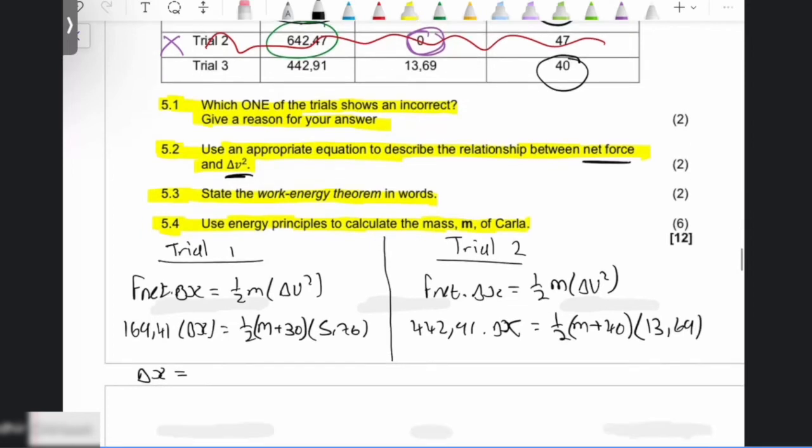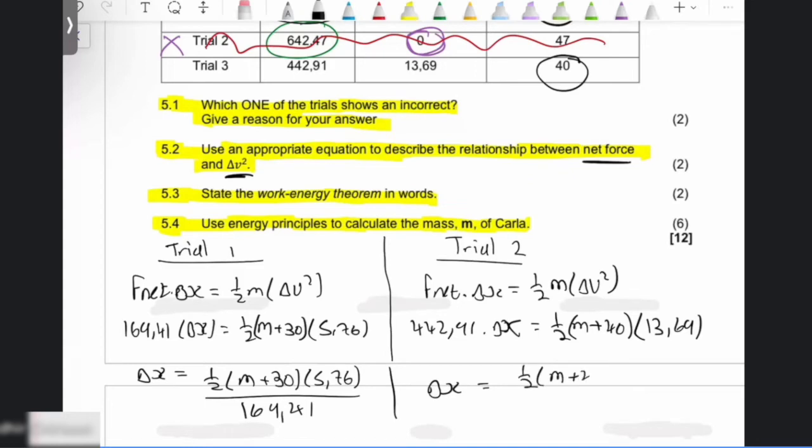So now we just have to go and solve for this. I'm just going to make delta X subject of the formula on both sides. On this side, delta X is going to be a half into M plus 40 times 13.69 all over 442.91.